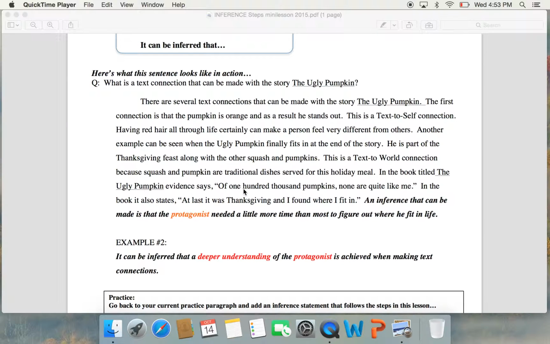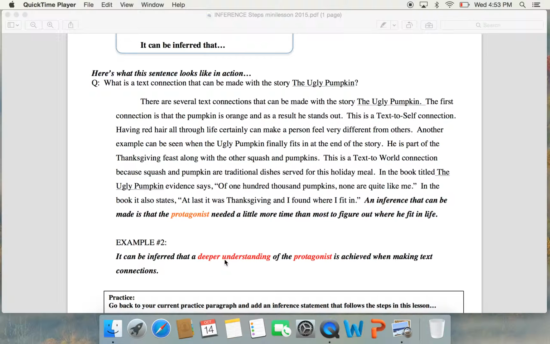It's a little more challenging, but it can be done, and it looks like this. I use this sentence starter just to switch things up. It can be inferred that a deeper understanding of the protagonist, so a better understanding of the ugly pumpkin, is achieved when making text connections.